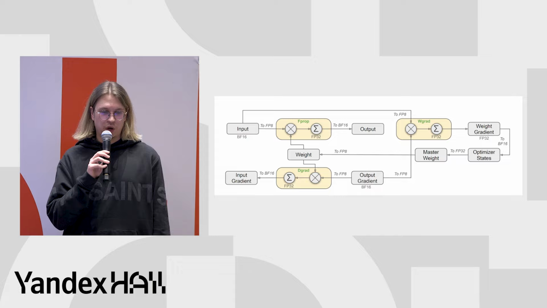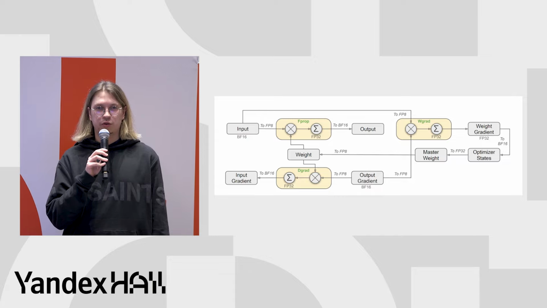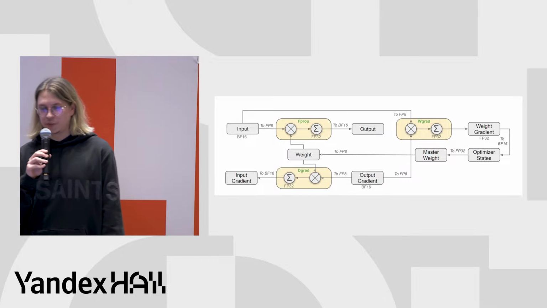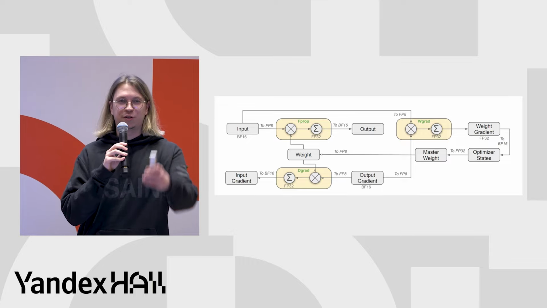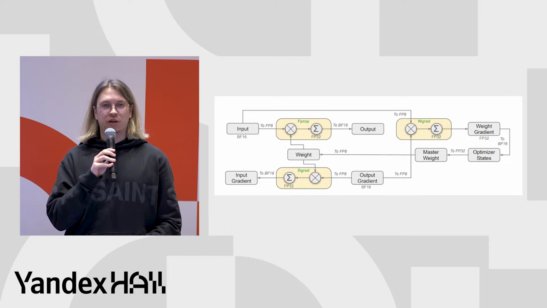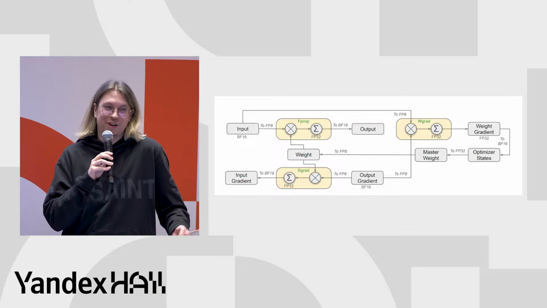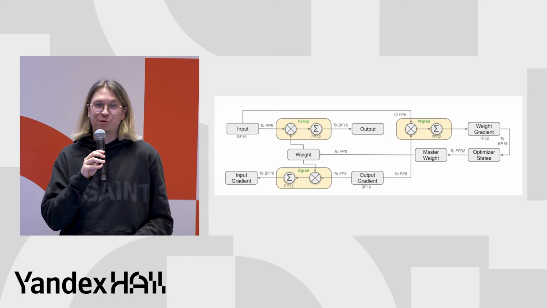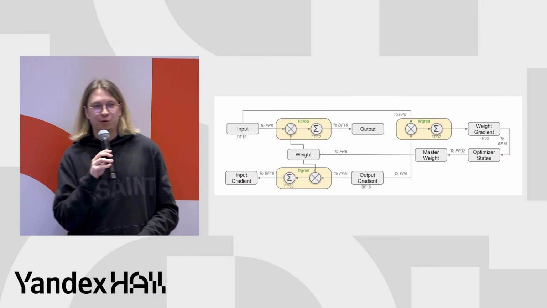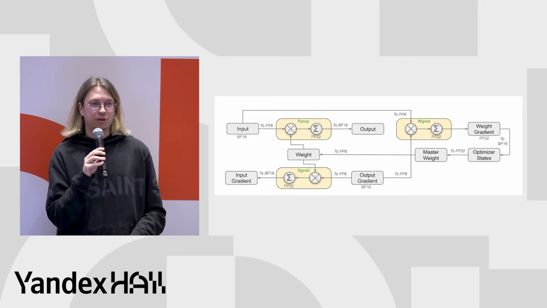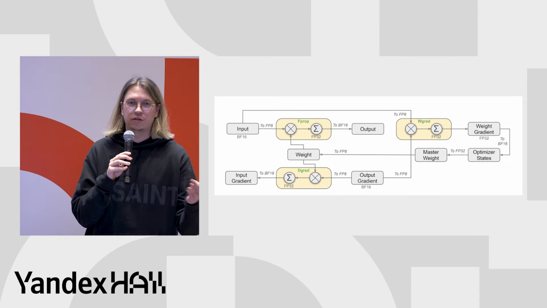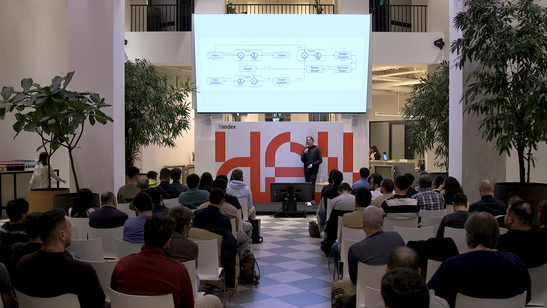Essentially, since we now have a field which is kind of alchemy, you try and see what works and what doesn't. But if we think about it, if I ask you, would you run a softmax operation in FP8? Probably not, right? If there is a division, probably you don't want to do that. The rule of thumb is you want to run matrix multiplications in FP8 because this is the part you can benefit from the most.